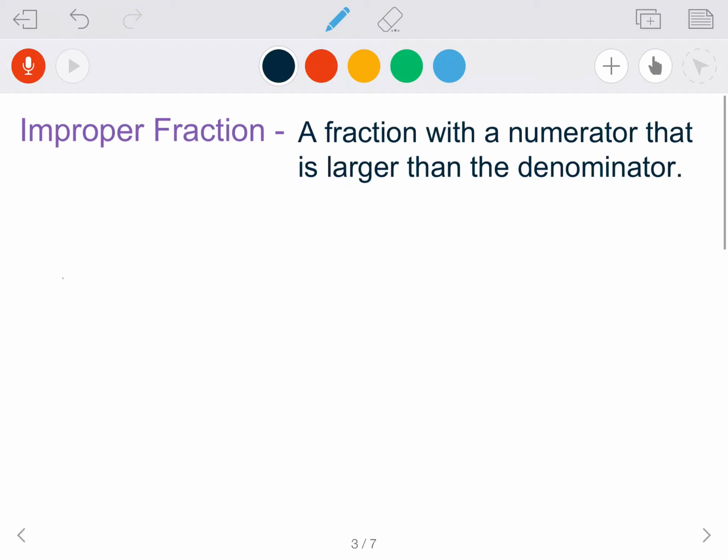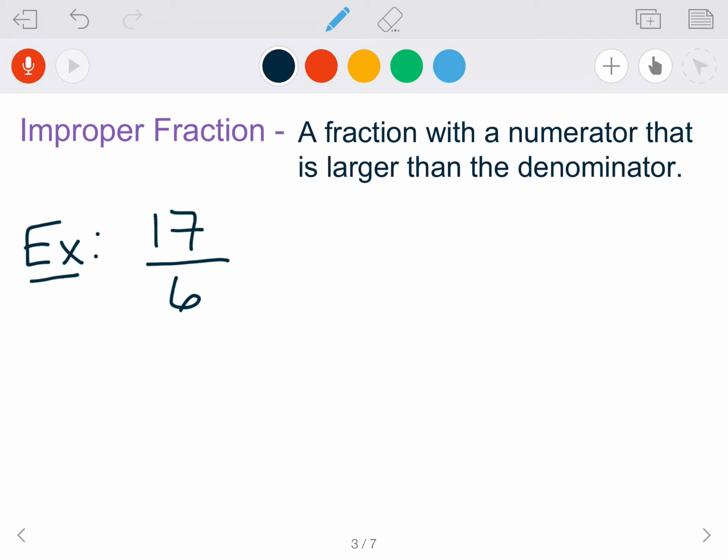We also learned about an improper fraction. An improper fraction is a fraction with a numerator that is larger than the denominator. An example of this, well, let's choose our denominator first, just for fun. I'm going to choose 6 as my denominator. Now we just have to choose any number that is larger than 6. How about 17?